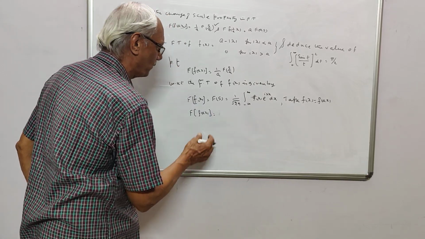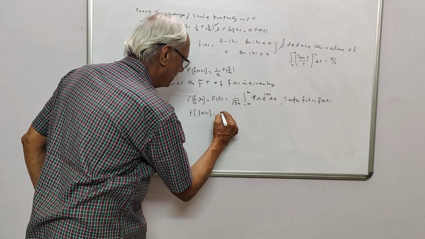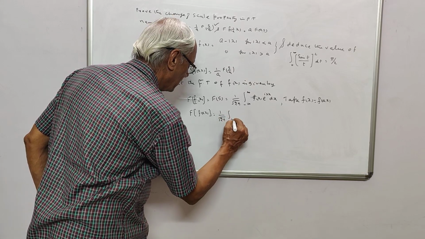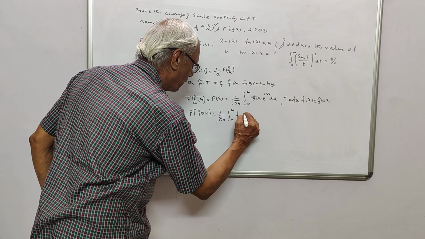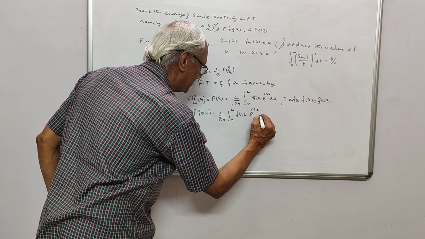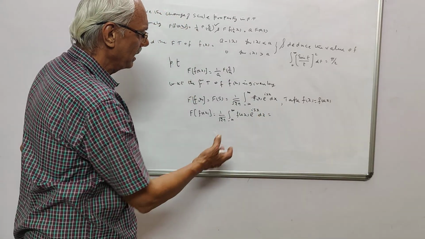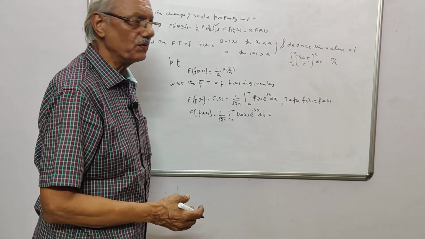We will find what is this F of s. So this will be equal to 1 by square root of 2 pi, integral from minus infinity to plus infinity, f of ax e to the power of isx into dx. I have not done anything except applying this in the place of f of x. I put f of ax.